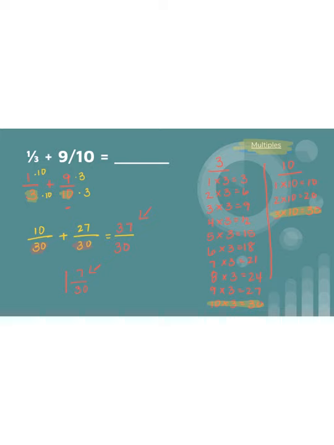You can just leave it at 37 thirtieths, and then I can work on simplifying that after. Improper means it's higher on the top than it is on the bottom. If you're not understanding the process to get it into a whole number and a fraction, then we'll work on that the next time we're together.